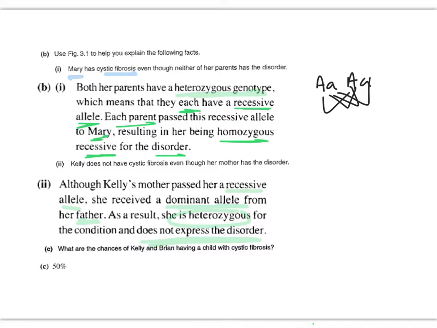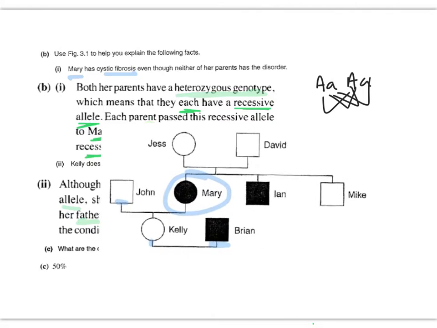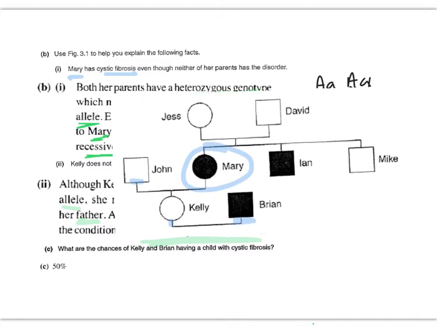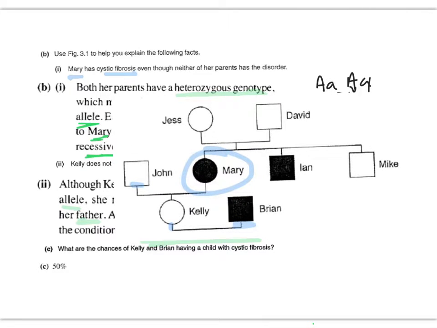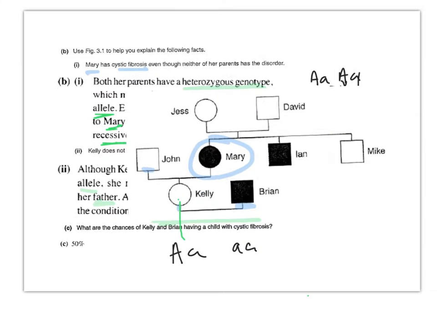Okay, part C. Part C asks about Kelly and Brian having a child. So, let's take a look. Kelly and Brian. Now, since we know that Kelly most likely is a big A, small a, and Brian, small a, small a. Come, let's do the working for this.